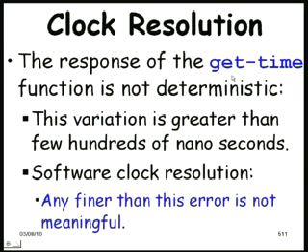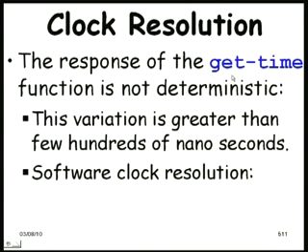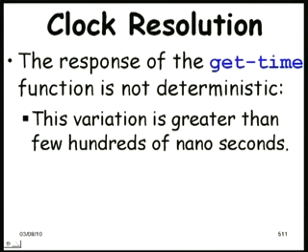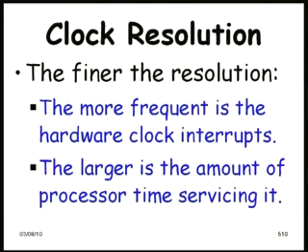You are maintaining a clock, but the time that you read is not exactly that time. So, that is one reason. The other reason is the overhead involved in maintaining the software clock. The more frequently you need to increment the software clock, the greater the amount of processor time spent servicing it.